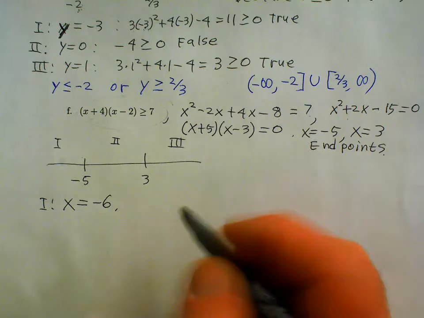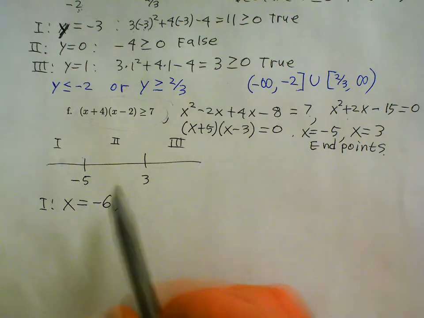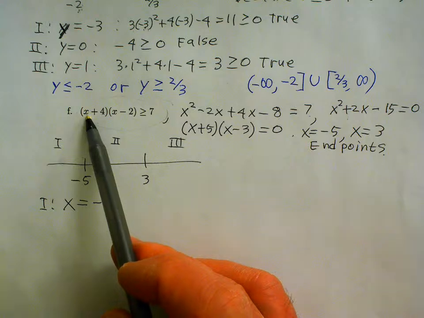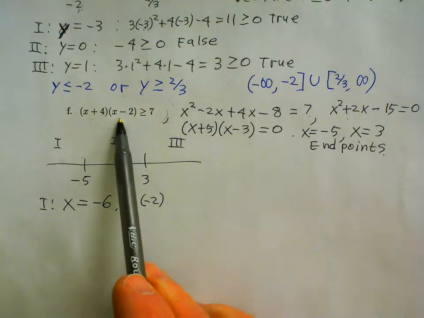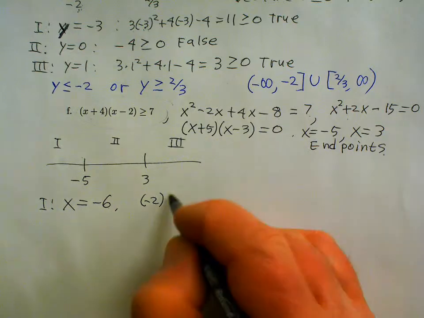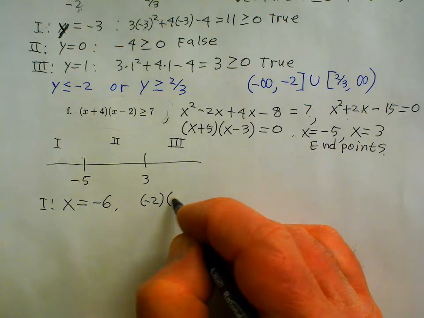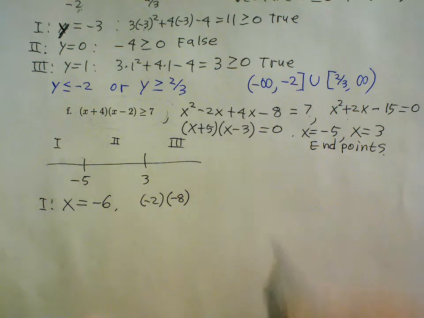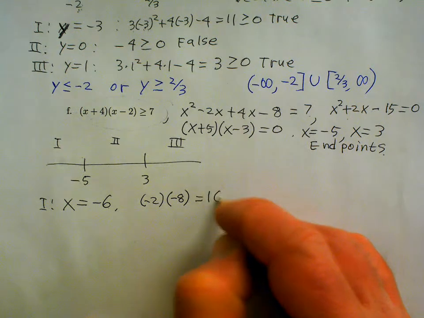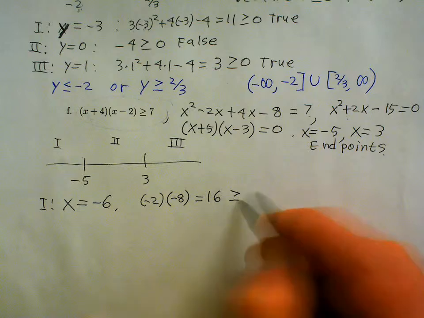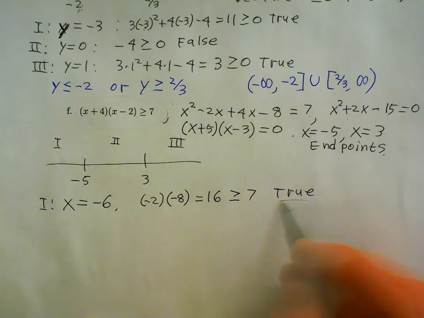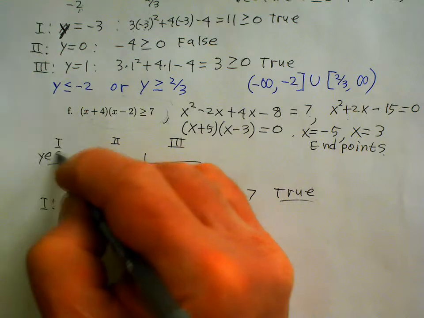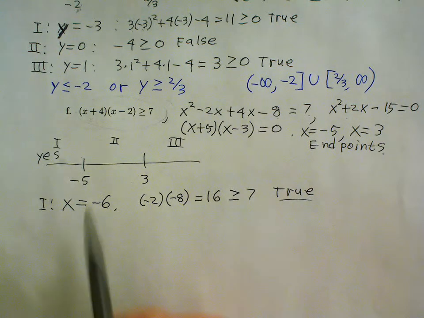Replace every x with -6. So in this factor, -6 plus 4, that's -2. In the other factor, -6 minus 2 is -8. -2 times -8 is +16, and the inequality greater than or equal to 7, that is true. So all of the numbers between -infinity and -5 are solutions.